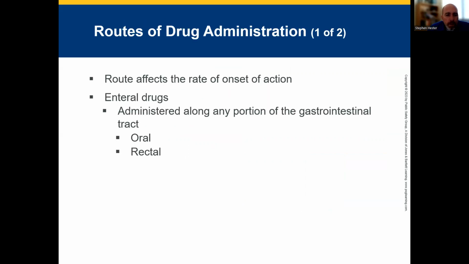All right, the routes. The enteral routes include oral and rectal. We don't do a whole lot of rectal administration at the advanced AEMT level. D50 might be one, but it has to be approved by local protocols and policies.